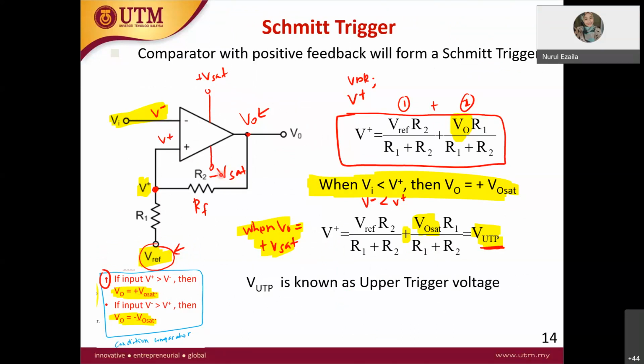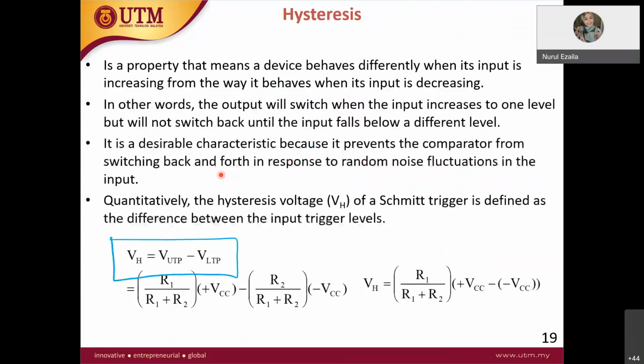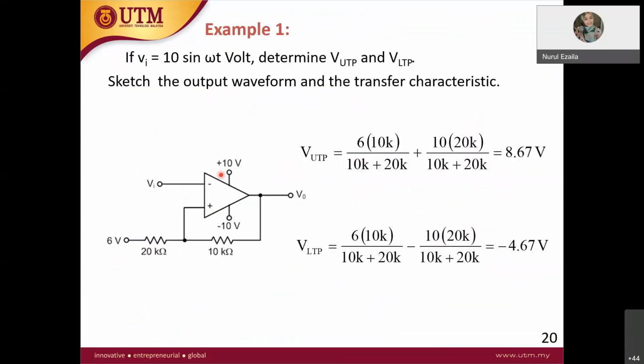So let's take a look here. The same circuit. This is V minus, and this is V plus. Let's write down the equation.